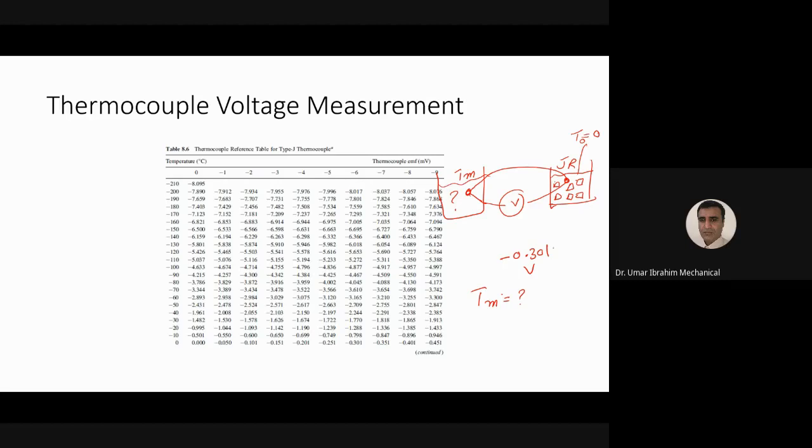So let's see where minus 3.01 voltage is. These are all your voltage values. Now look where minus 3.01 voltage is. Can anyone see it, students?